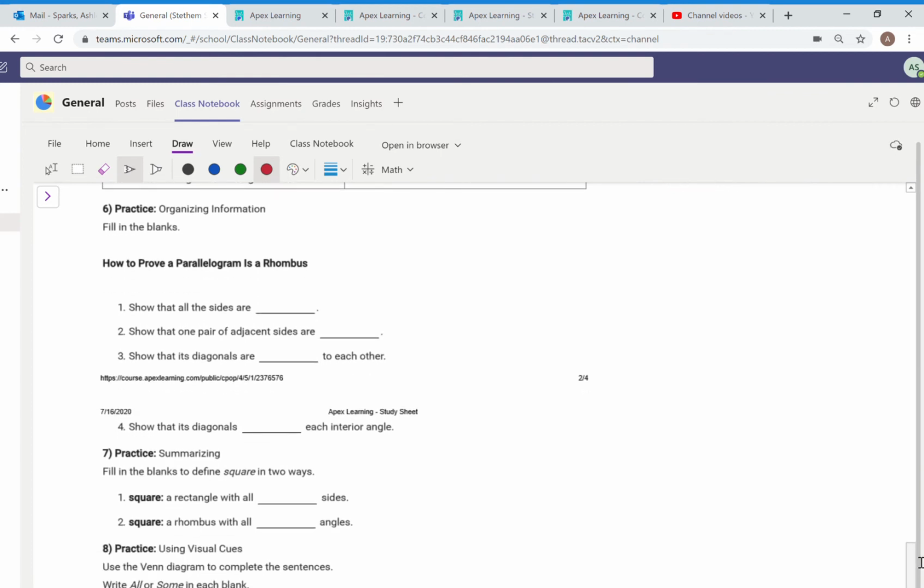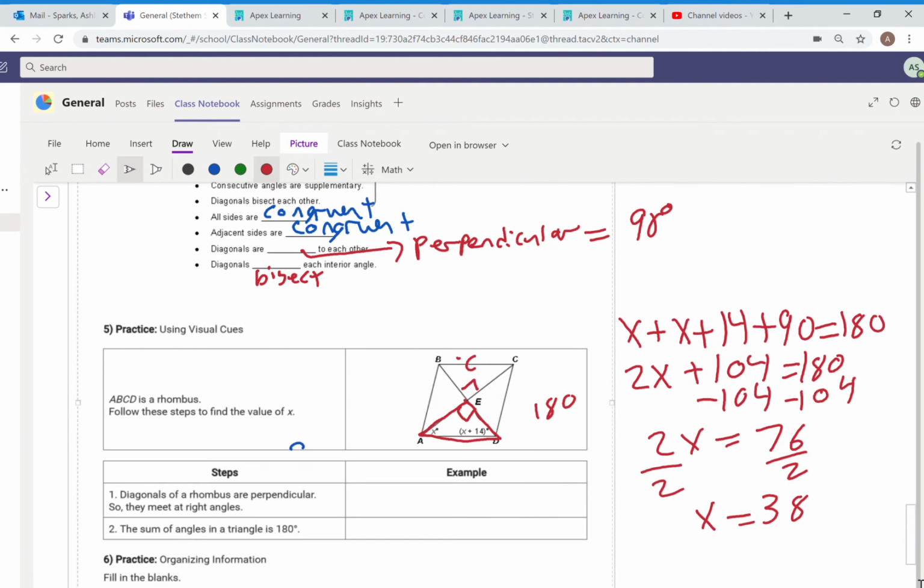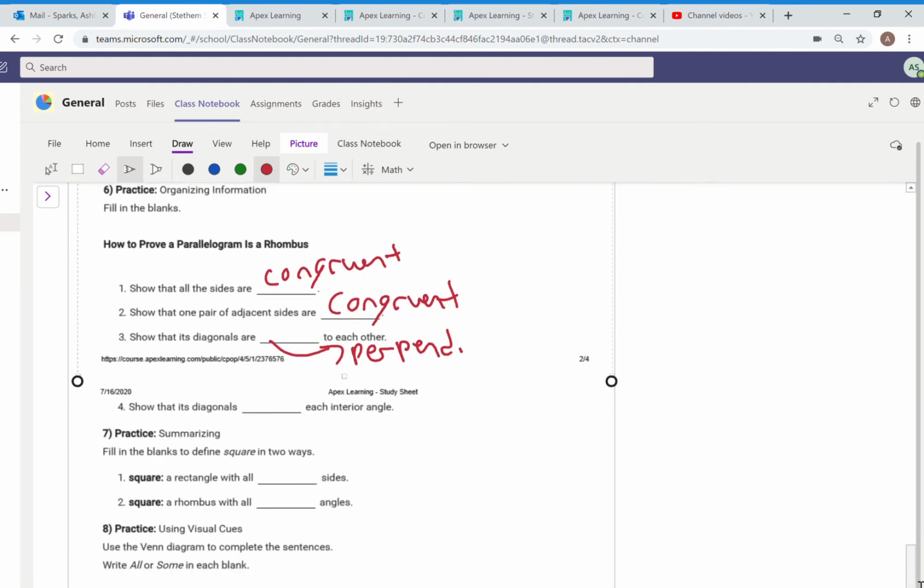If you want to prove something is a rhombus, you want to show all sides are congruent. You want to show adjacent sides are congruent. Or you want to show diagonals are perpendicular or 90 degrees towards each other.